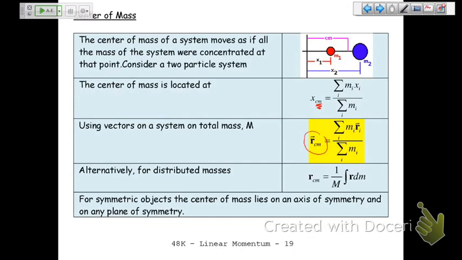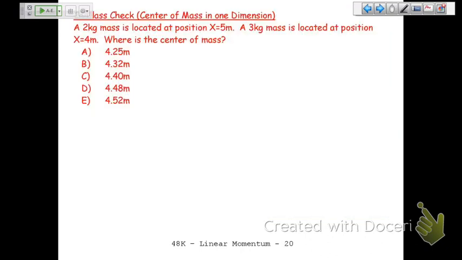Rather than having the sum of all the masses, I have the integral of all the masses, then that's 1 over m. That's just the same. And rather than having the sum of the mass times the little r, we have the integral of r dm. Okay, so it's kind of similar. You can work through it.